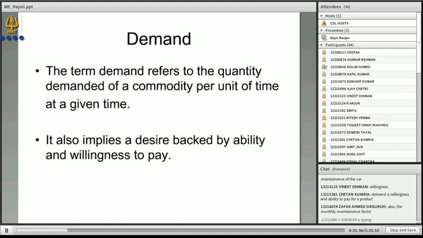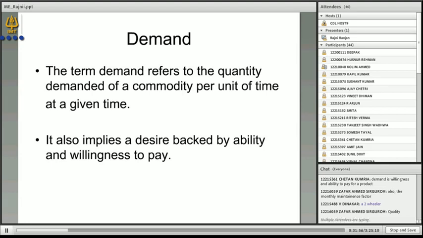Another question, if I talk from the point of view of the organization, suppose I talk from the point of view of management who is sitting in Mercedes Benz, as a product, what is demand for them? What is demand for an organization? How would they visualize the demand?